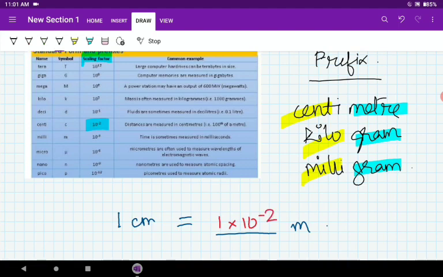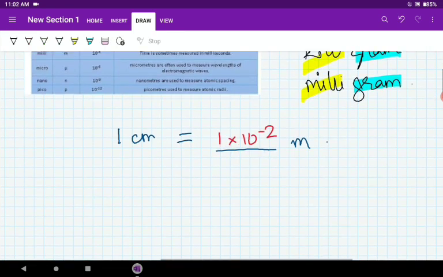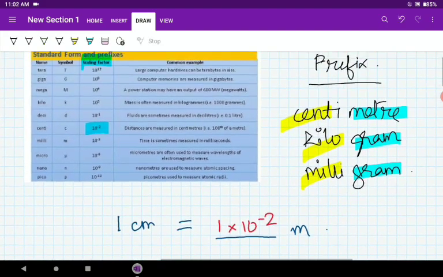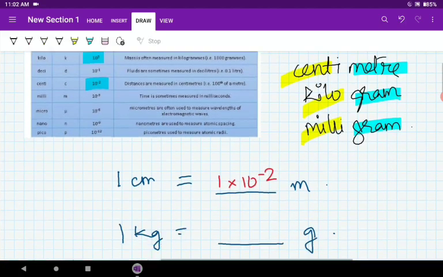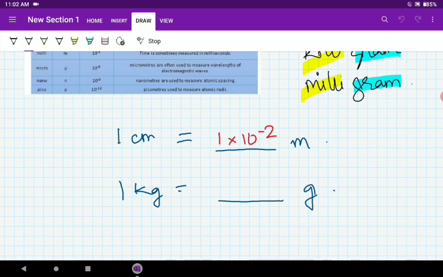Similarly, if we have 1 kilogram, it will be how many grams? So we see that kilo has a scaling factor of 10 to the power 3. So 1 kilogram would be how much? You tell. Yes, 1 into 10 to the power 3 grams. So are we clear about scaling factor?